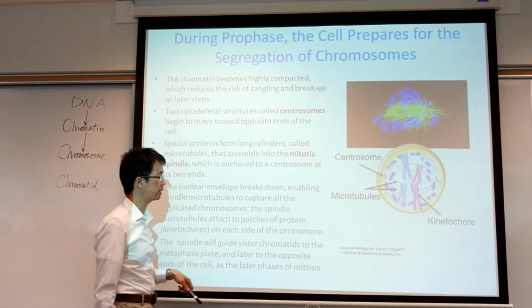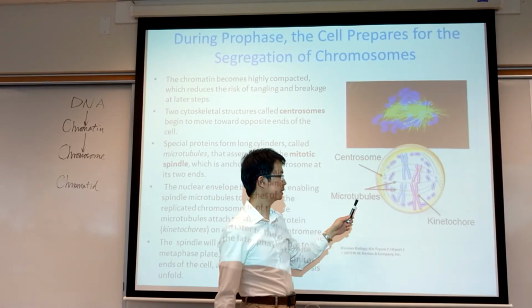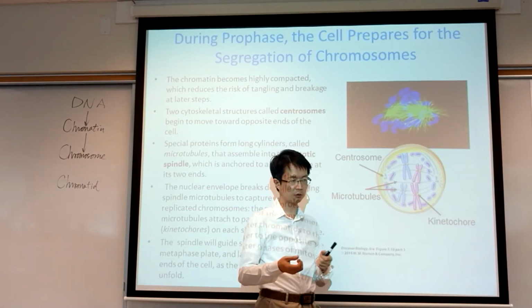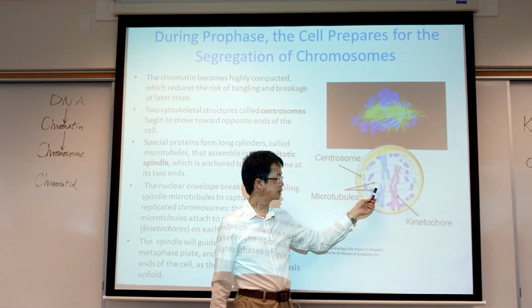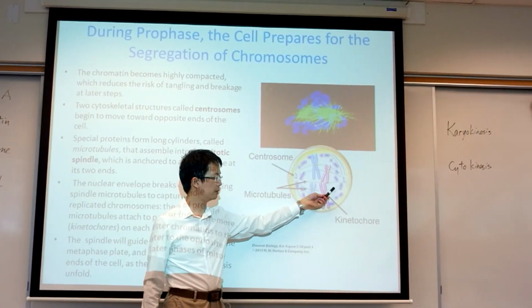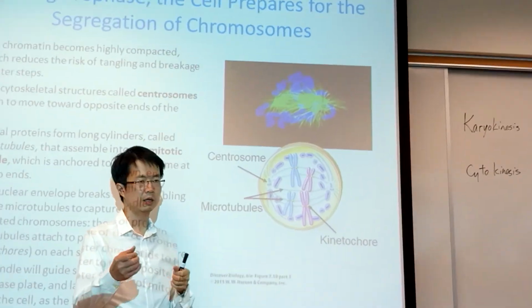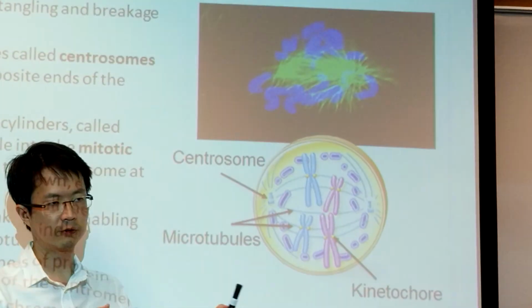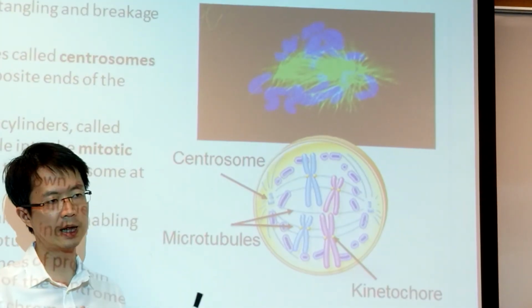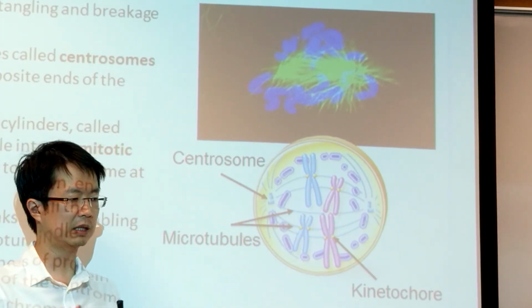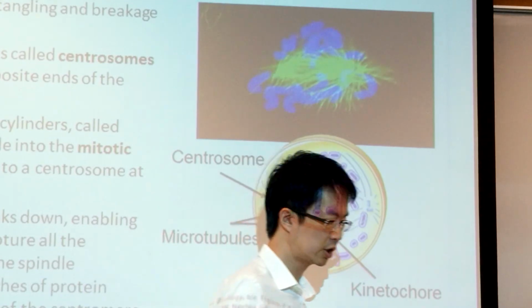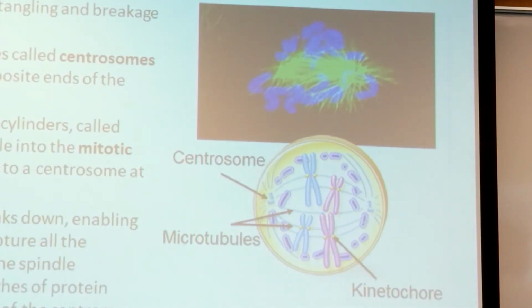Right now they are undergoing something like a tug of war, meaning that the spindle microtubules are pulling from each side, either elongating or shortening from the opposite end. They're juggling right now.